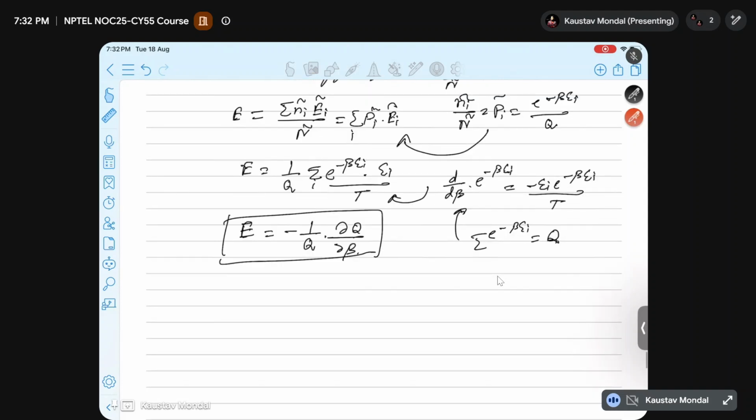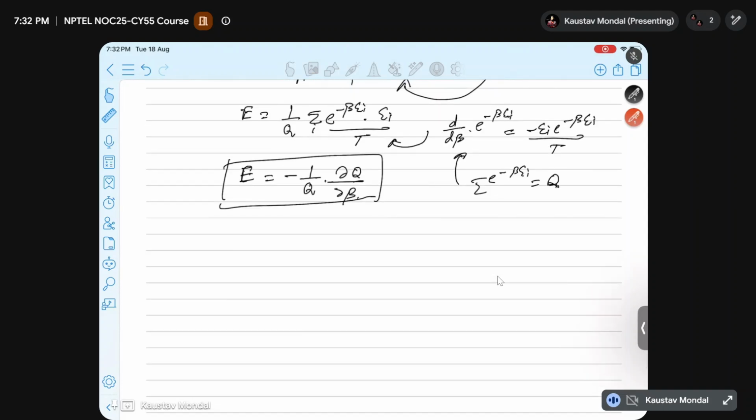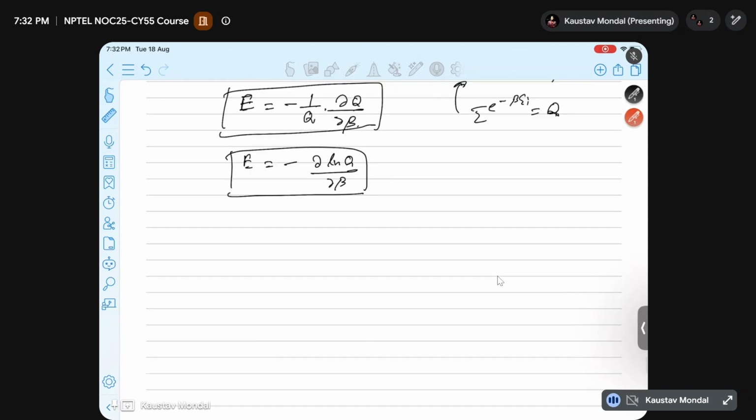I can also write in terms of the logarithmic term, also equal to minus del ln Q by del beta. Okay, whichever way you find it easier. So if you have the average energy, from here also you can write the internal energy, right?